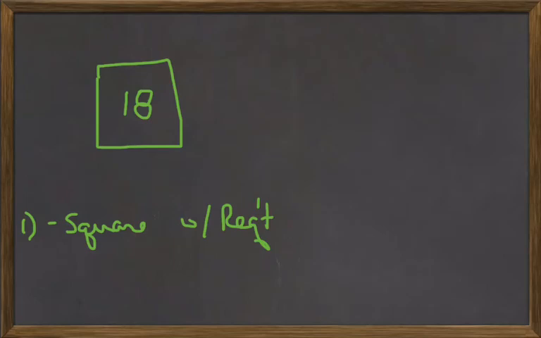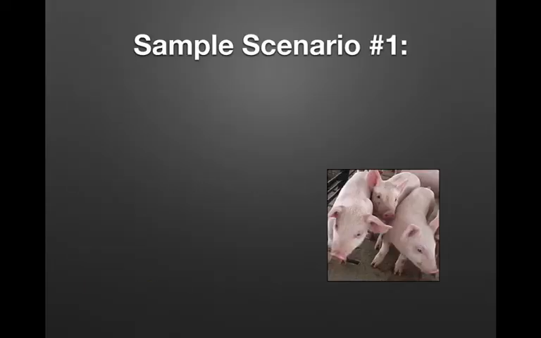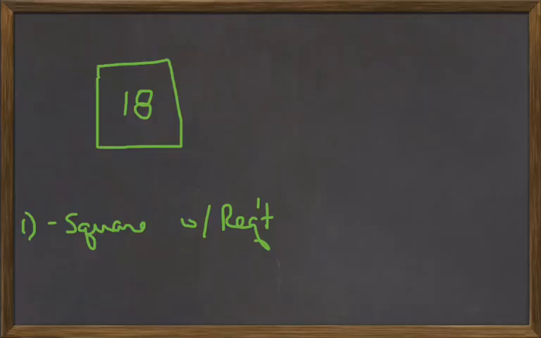Next, we're going to take our 2 feeds. So we've got corn and soybean meal. And we're going to put the nutrient composition data on a dry matter basis next to those 2.